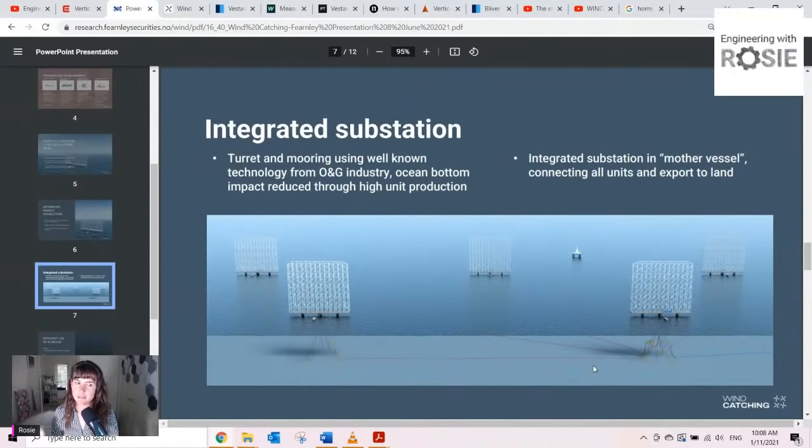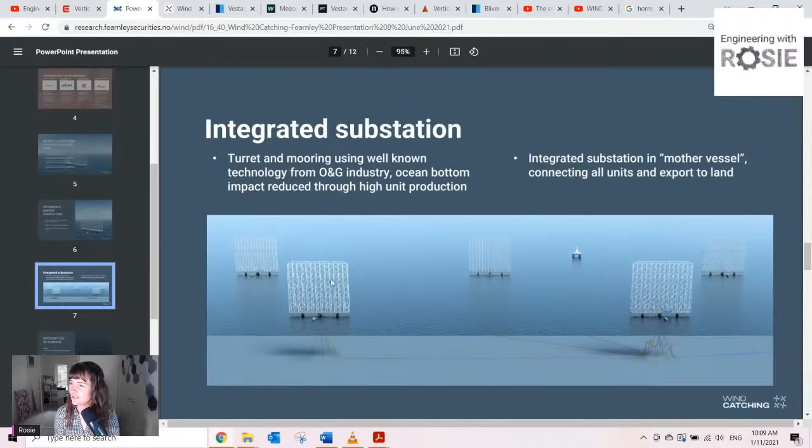So I think that there probably is in the future going to be a need for saving space in the ocean, and this is a way to do it. Because the amount of power produced by each one of these units is big compared to a normal wind turbine, that should see fewer connections, fewer cables potentially compared to a normal horizontal axis wind farm. So that's an interesting plus.